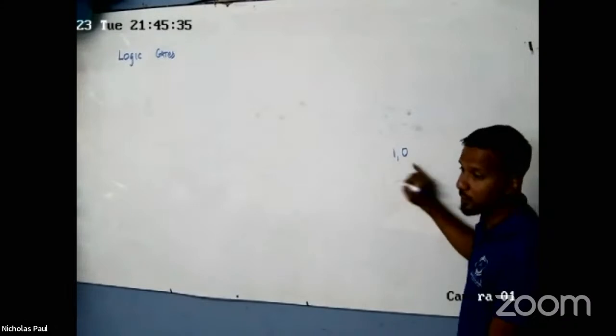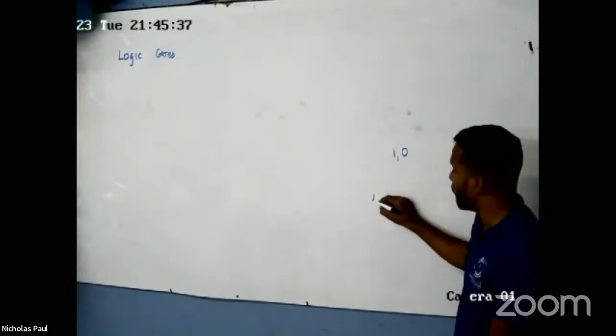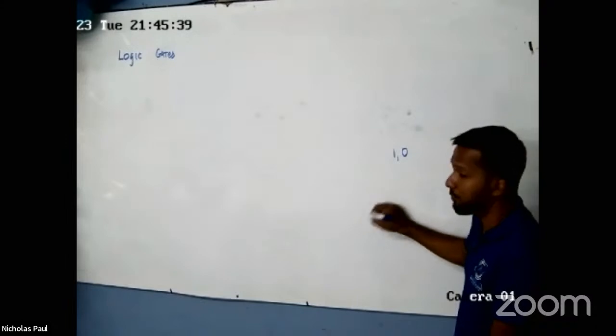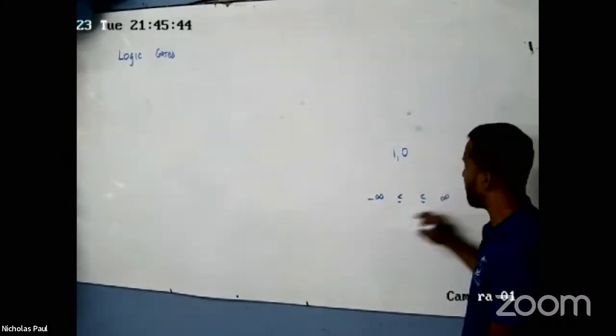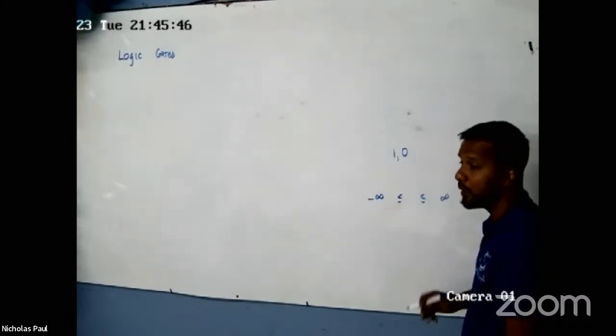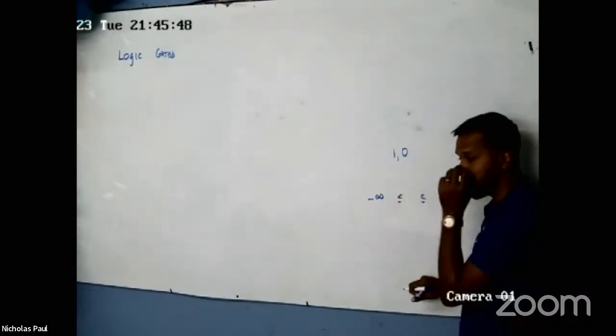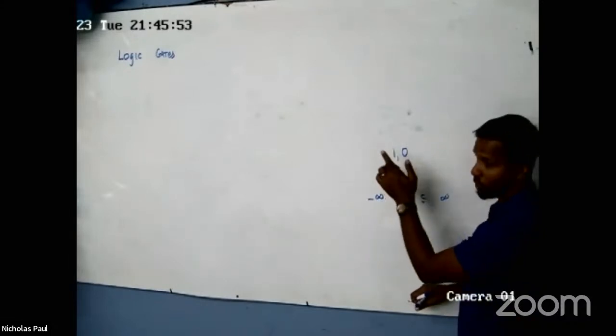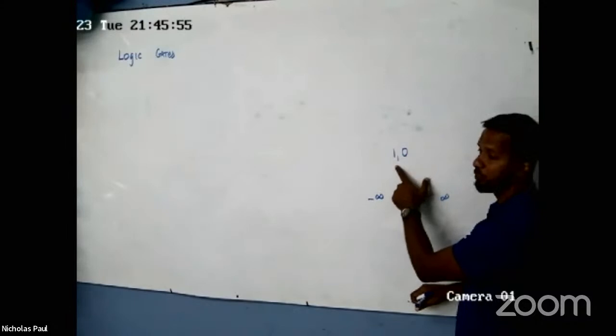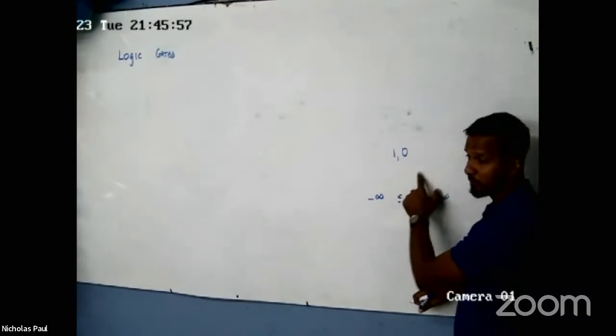They only read ones and zeros. But for us, we could read a range of values, from negative infinity to infinity. This is like an analog set of values. You can get any value between here and here. But binary logic gates can only give you ones and zeros and only read ones and zeros.